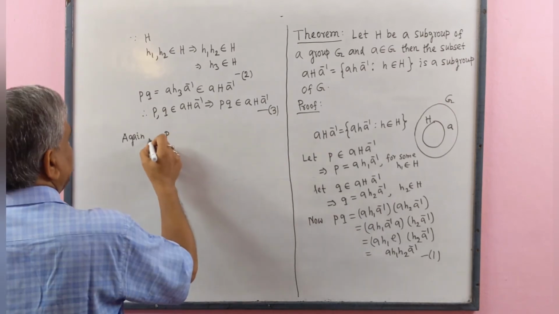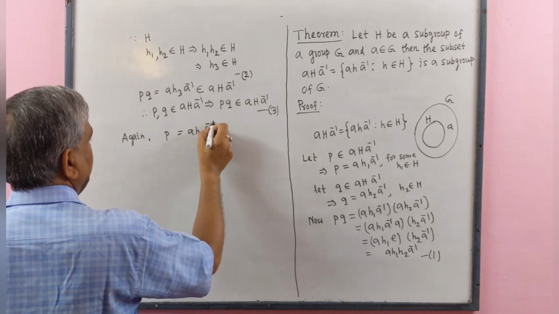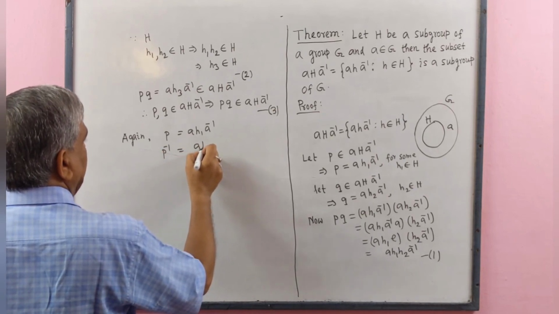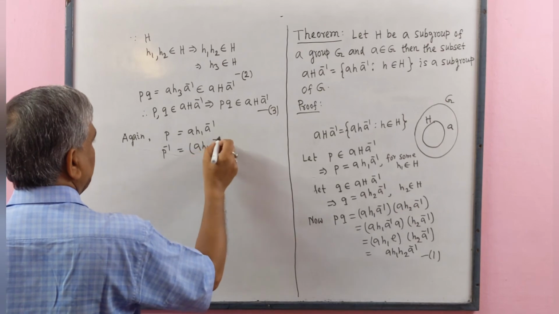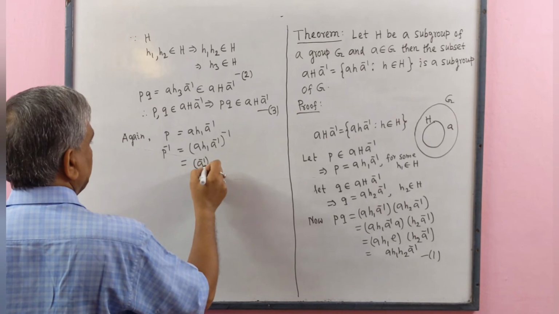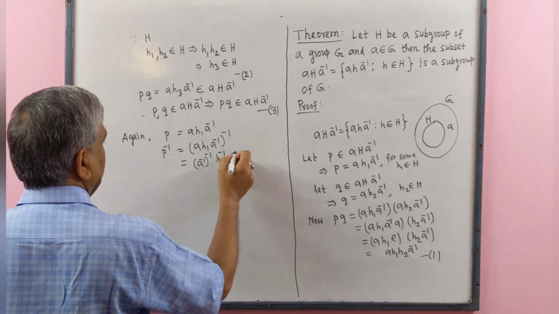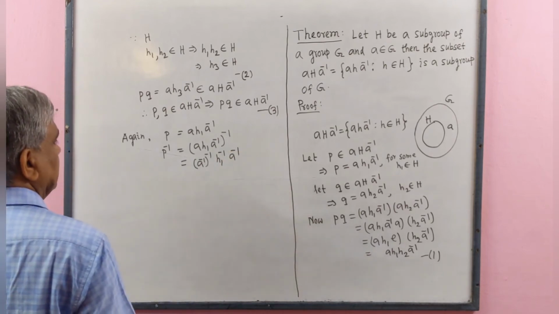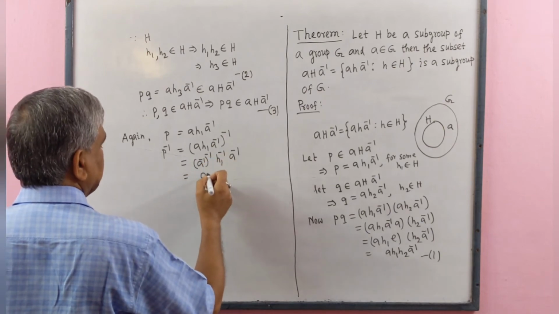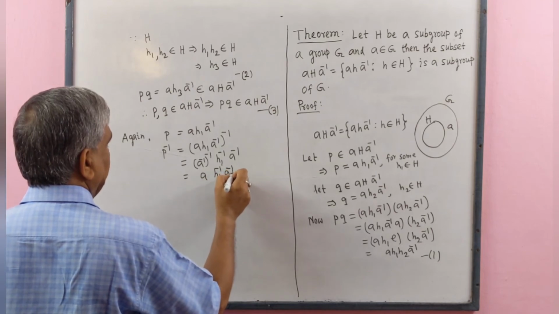Again, p equals a h1 a⁻¹. Now p inverse equals (a h1 a⁻¹) whole inverse, and this equals (a⁻¹) whole inverse h1⁻¹ a⁻¹, and this equals a h1⁻¹ a⁻¹.